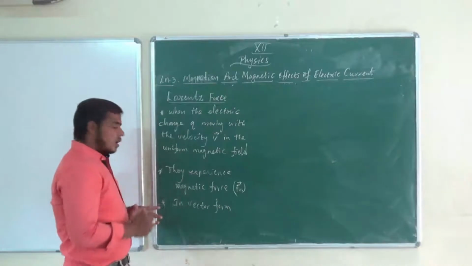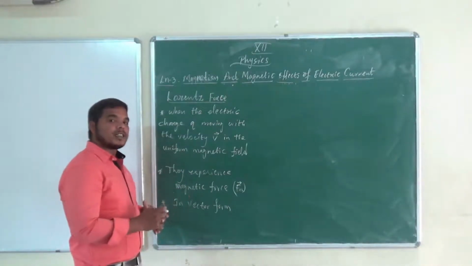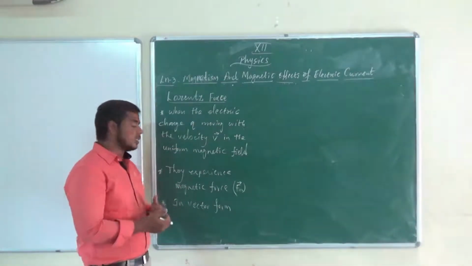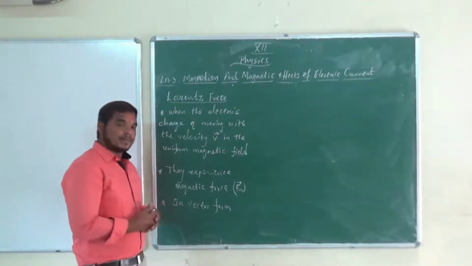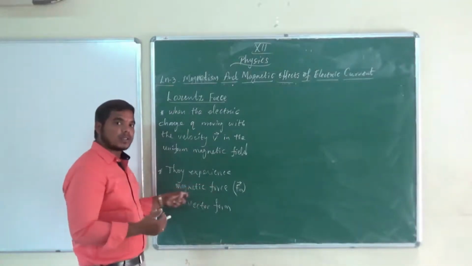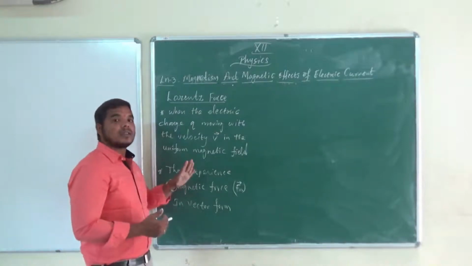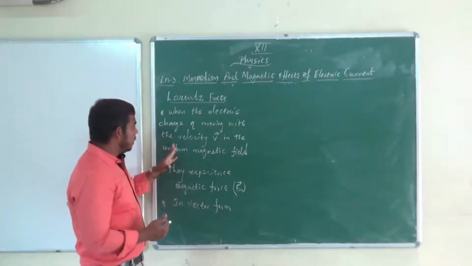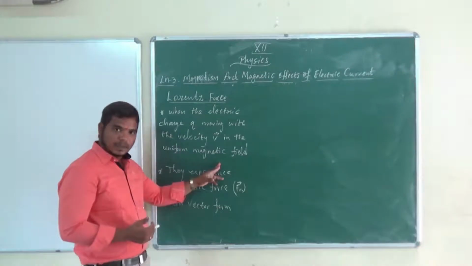After many experiments, Lorentz gave the definition of the magnetic Lorentz force. That means the charge moves in the uniform magnetic field.